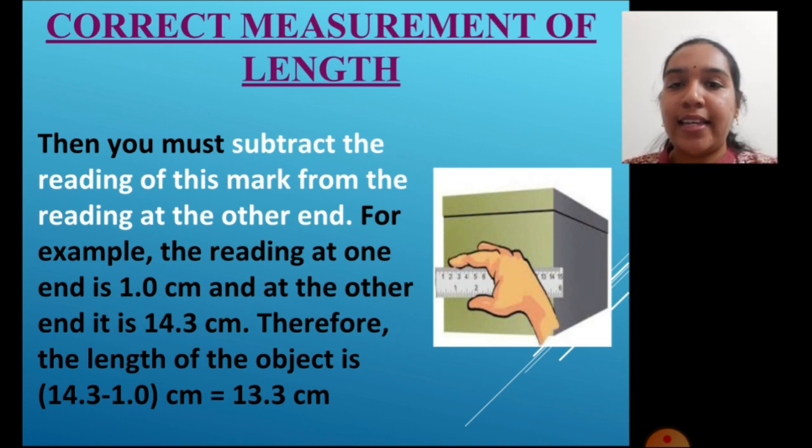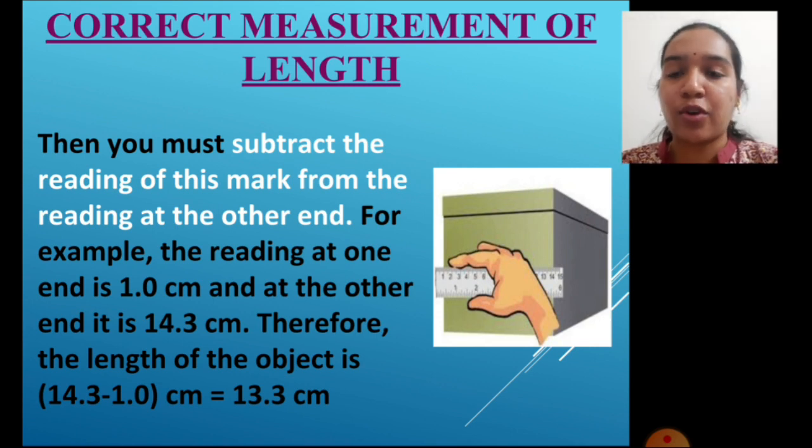Here you can see that the scale is broken at one end, that is at the zero marking. We have begun the measurement of length of the given object from 1 centimeter, and as shown in the figure, it measured until 14.3 centimeters.